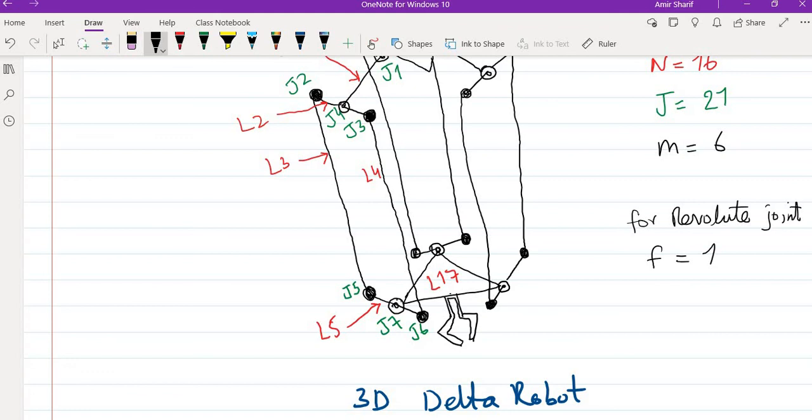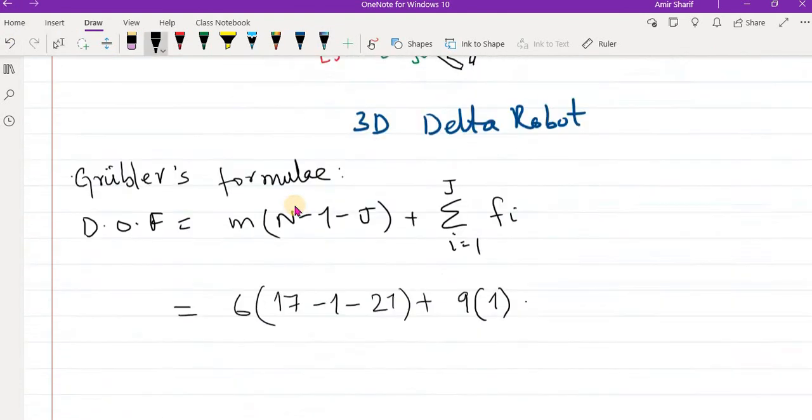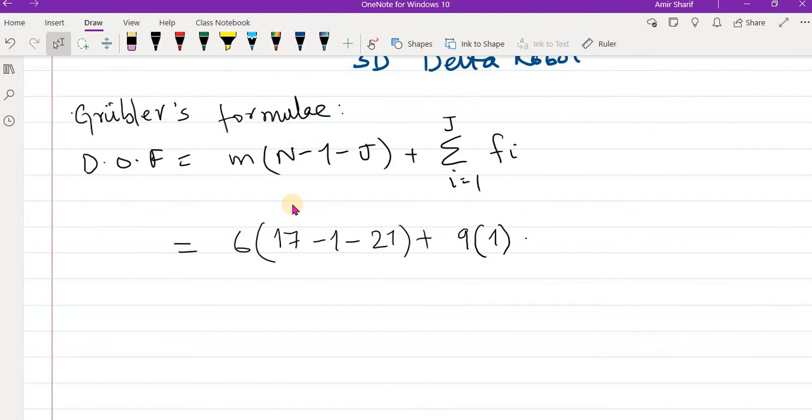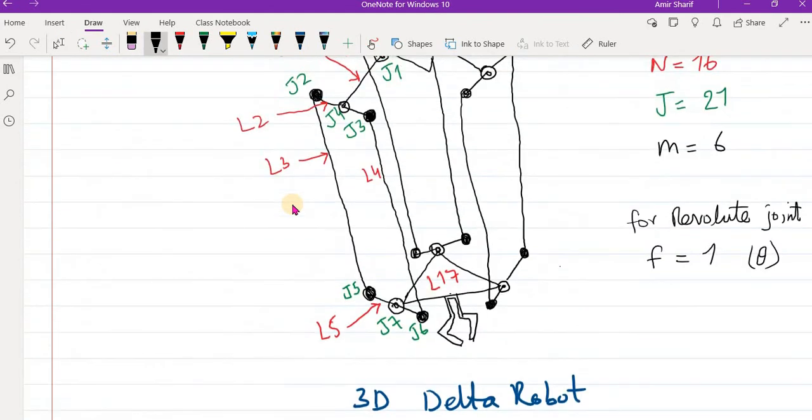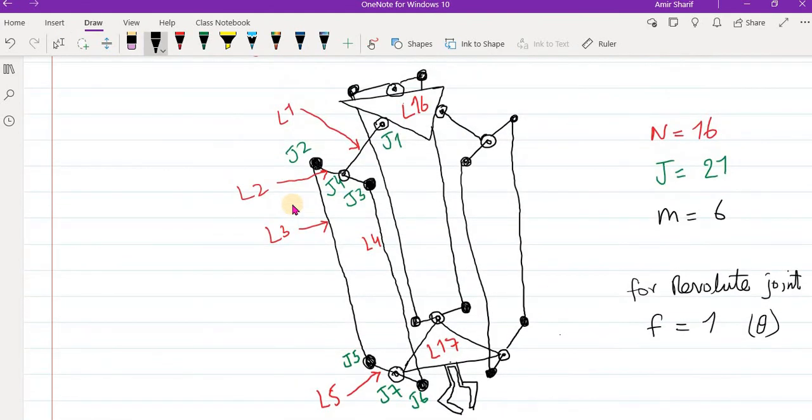And that's theta, the rotation. So we have written down here 9. Now plus, how many spherical joints do we have here? 1, 2, 3, 4. 4 spherical joints.